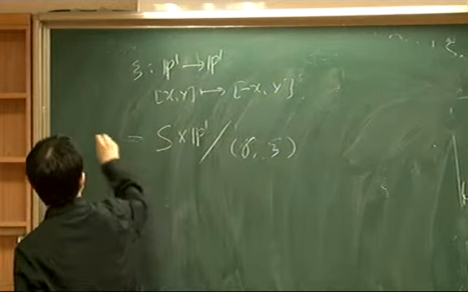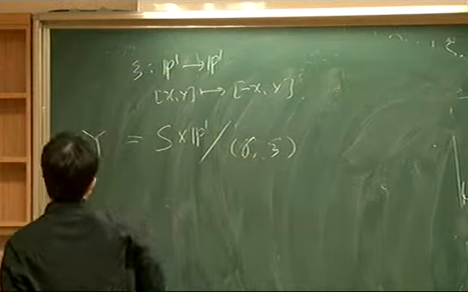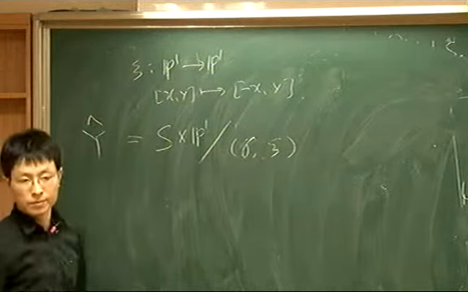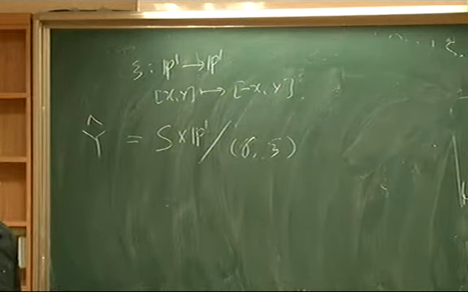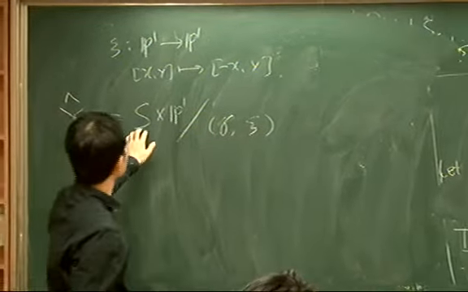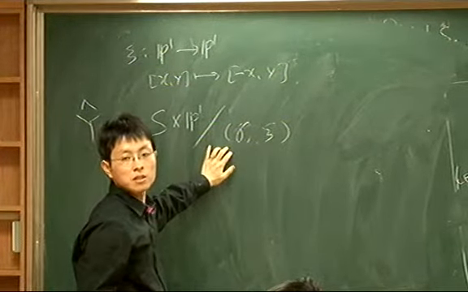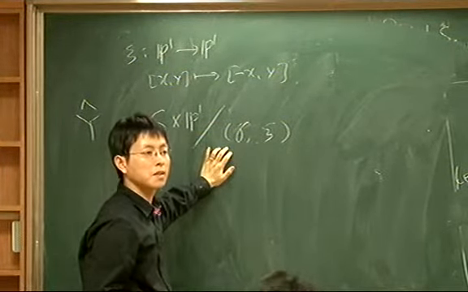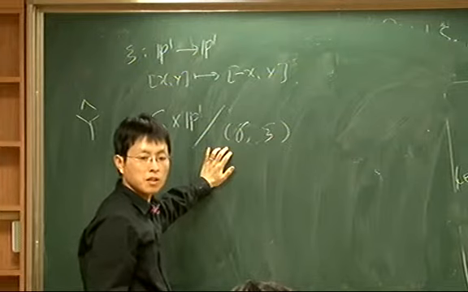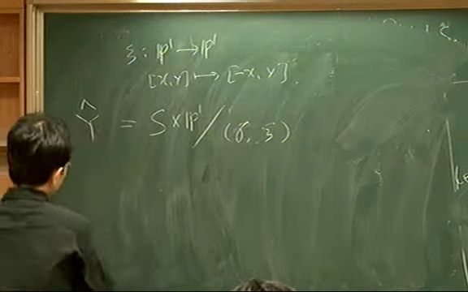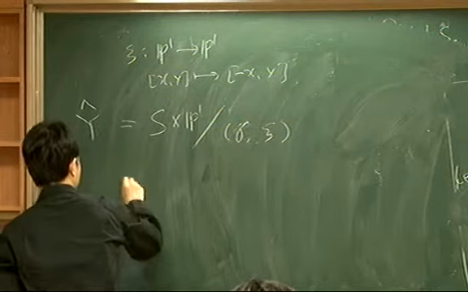Let's call it Y hat. This is the product of a K3 surface and P1, a threefold, and you take the quotient. But usually this is non-smooth. It has some singularity along a smooth curve. Okay, and then blow up.